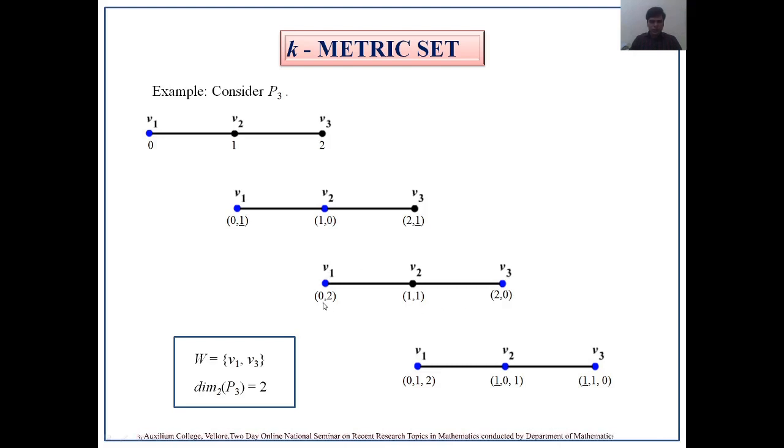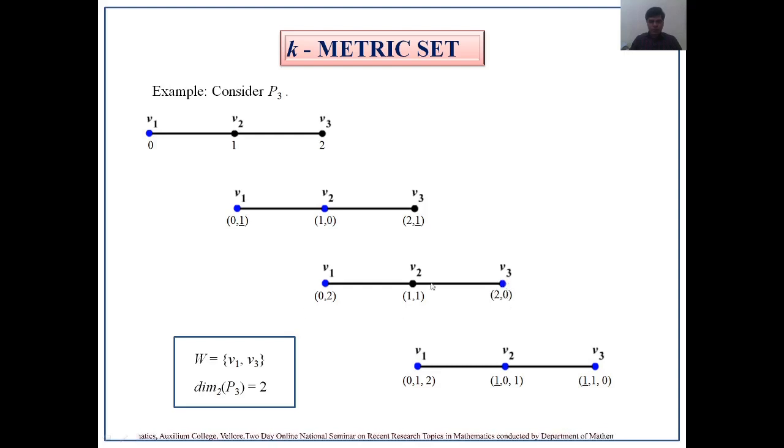Now the representation of V1 is 0, 2. That means the distance between itself is 0, the distance between V1 and V3 is 2. For vertex V2, the distance between V1 and V2 is 1, and between V2 and V3 is 1. Then for V3, the distance between V3 and V1 is 2, and itself it is 0.